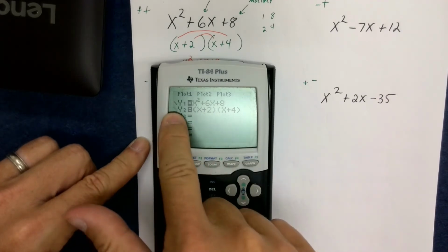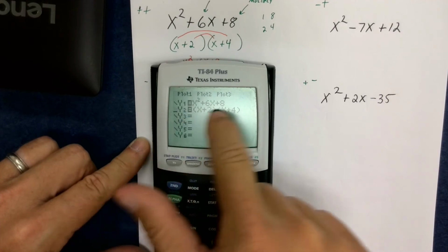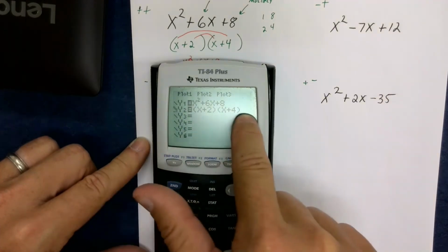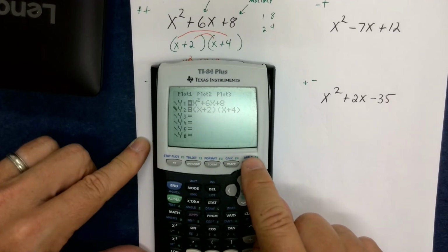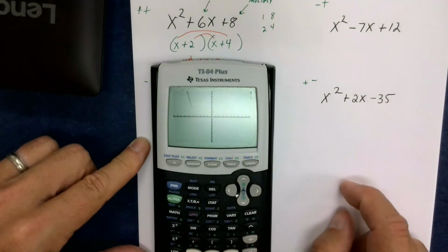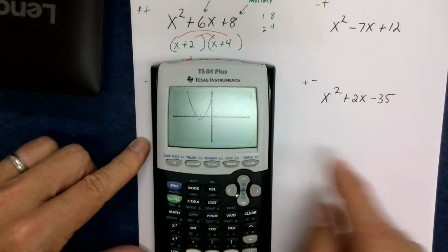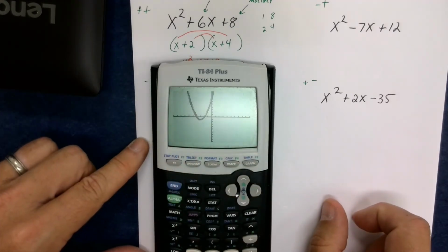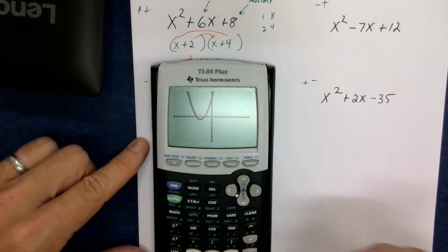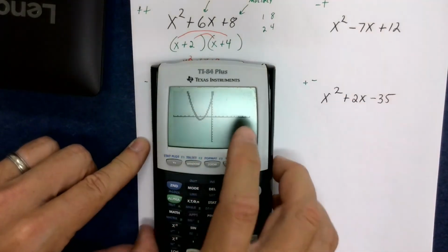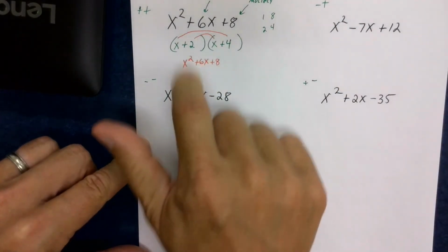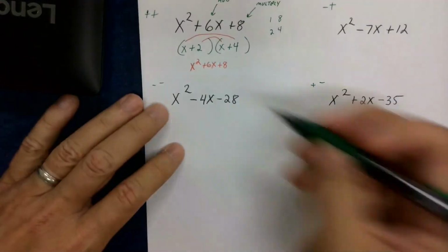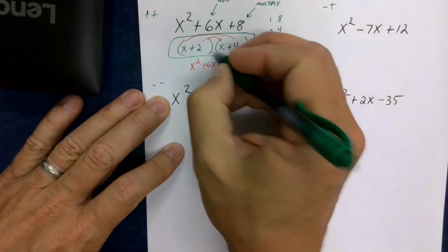You can see that it's thicker, which means it's now going to graph that expression thicker. Now watch when I hit graph. This is my original parabola, and now you can see the thicker one lies right on top of it. So it tells me graphically and algebraically that those two things are the same and that these are factors of this.